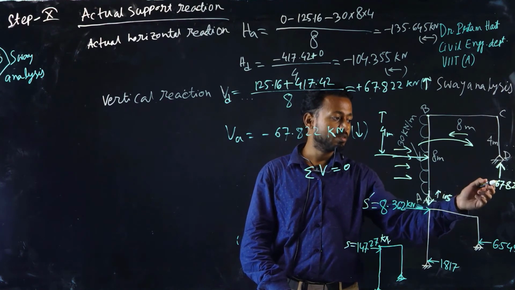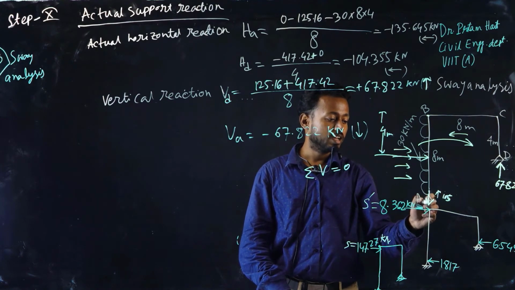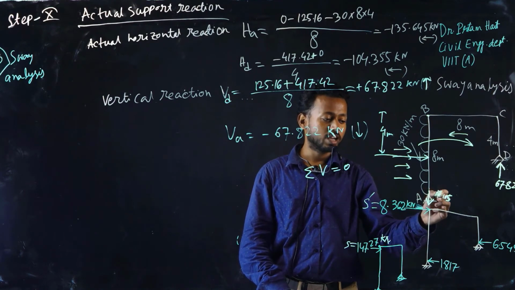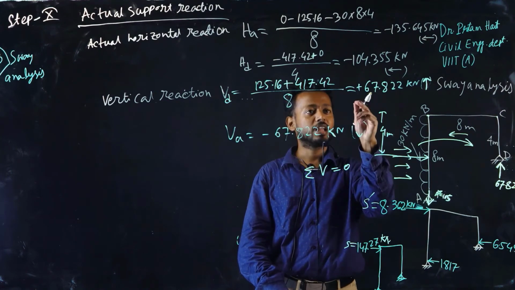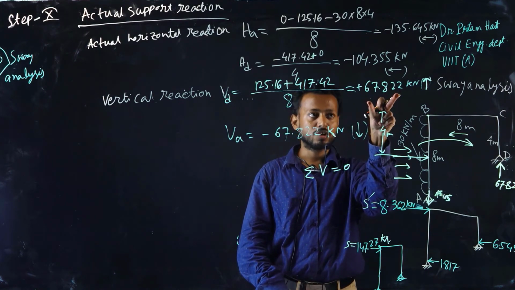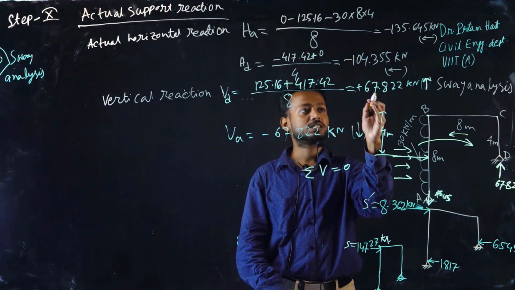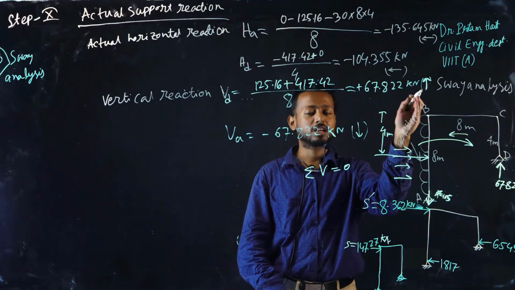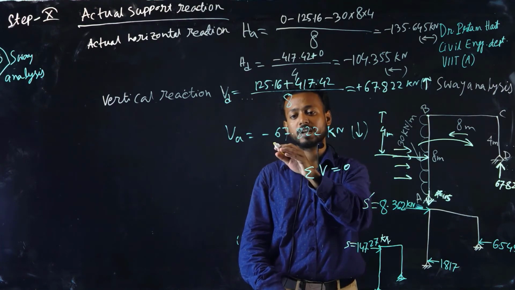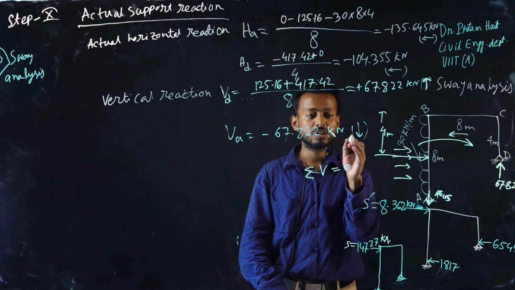So to be in equilibrium, this VA has to be in the downward direction. That's why VA has to be negative and an equal amount of force. It is plus 67.822 kilonewton upward, so VA must be minus 67.822 kilonewton in the downward direction.